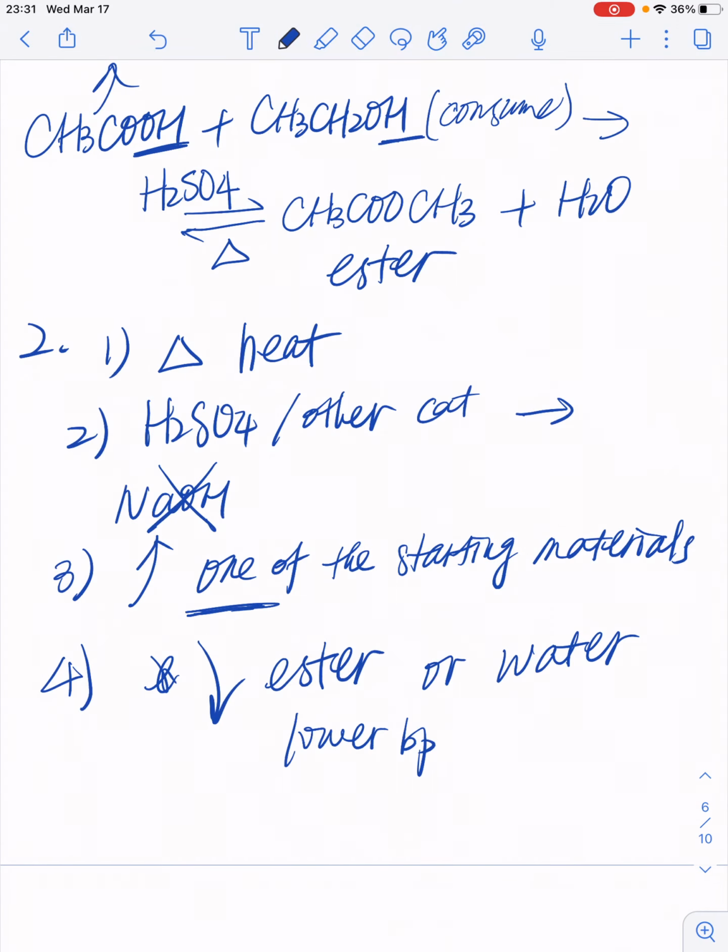For example, carboxylic acid and ethanol both have hydrogen bonding, which will increase the boiling point. And for ester, it doesn't have that issue, so the boiling point is comparatively lower. You may boil off the ester so that the reaction can also move to the right.